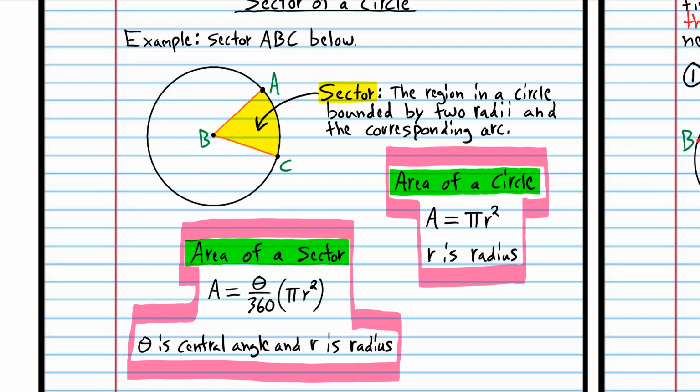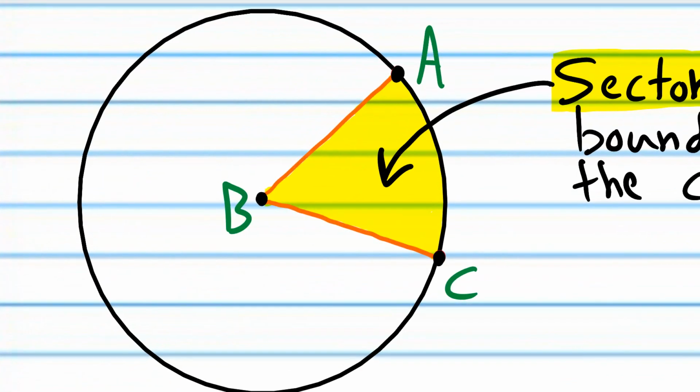Now, to find the area of a sector, we don't want the area of the whole circle. We just want the area of this part here, you see. To do that, you have to take the area of the whole circle and then multiply it by a fraction. That fraction is going to be determined by the central angle.